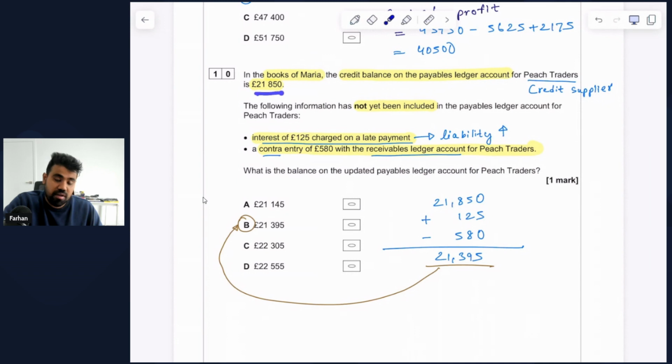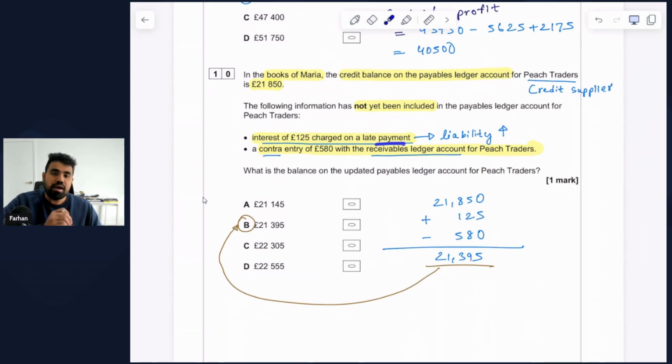How can we verify that? We know that this is a credit balance on the payables ledger account, and because this is a credit balance, it refers to an obligation, which is also known as a current liability. The following information has not yet been included in the payables ledger account for Peach Traders. All right, so we have interest of £125 charged on a late payment.